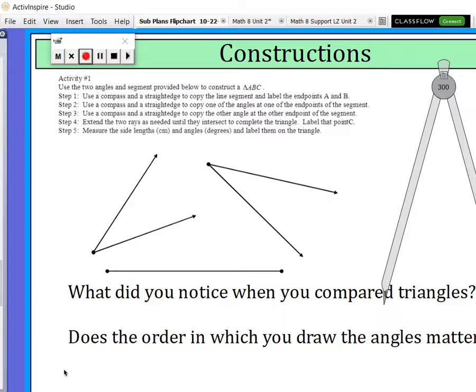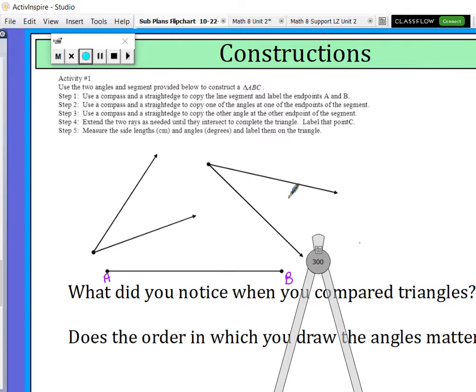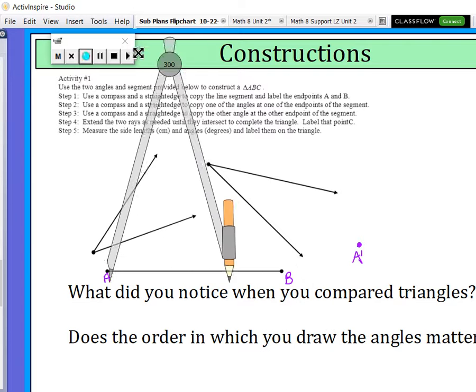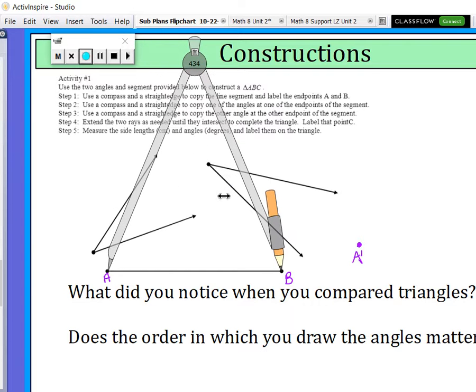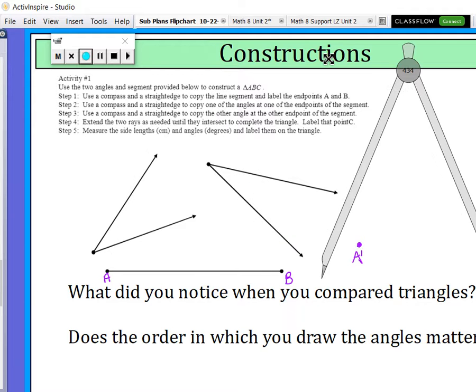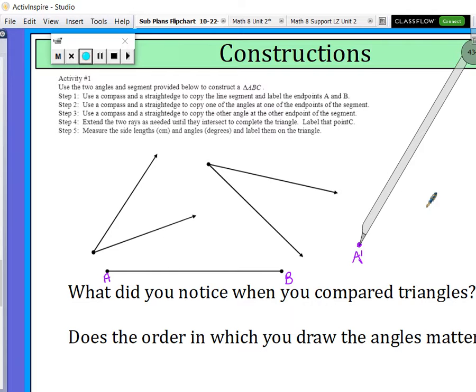Alright, so now that you've had some time to try this, I'm going to show you how you're going to complete this construction. So again, you first want to take that segment AB that you were given, and you want to go ahead and put another point A prime, since you're copying that over here, and extend your compass so that you can determine the length of AB and copy that length over to the side.